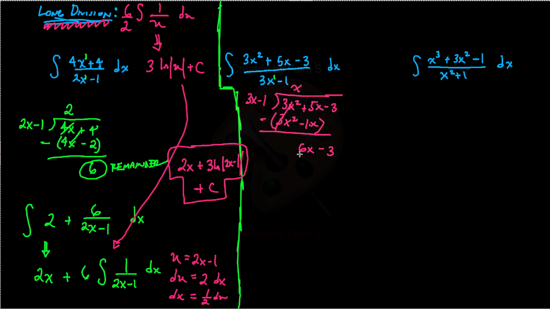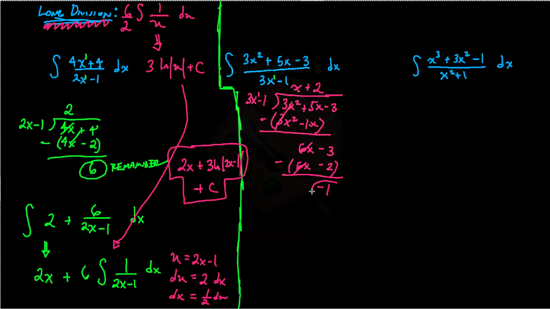How many times does 3x go into 6x? Well, positive 2 times. 2 times 3x is 6x. 2 times negative 1 is negative 2. Subtract the whole thing again. 6x minus 6x is 0. Negative 3 minus negative 2 is negative 3 plus 2. I get negative 1. Negative 1, that's just a constant. It has a lower degree than the x.